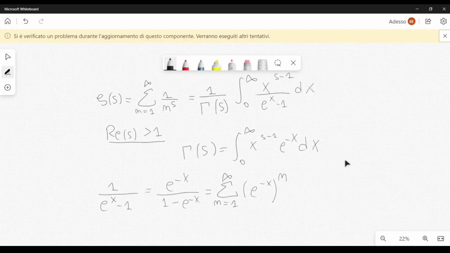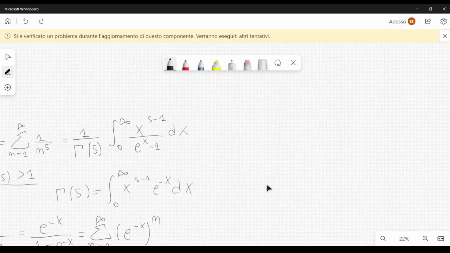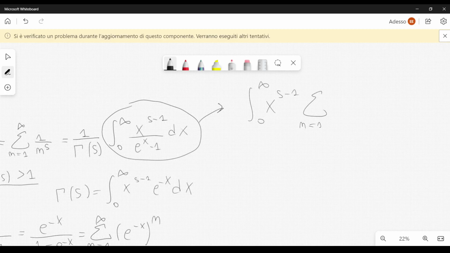And now we can substitute this expression there in the integral, right? So we can rewrite this integral like this. So we have integral from 0 to infinity x to the power s minus 1 summation n from 1 to infinity, and then we have e to the minus x raised to the power n dx, like this, right?